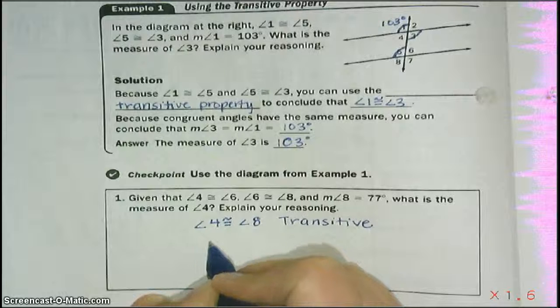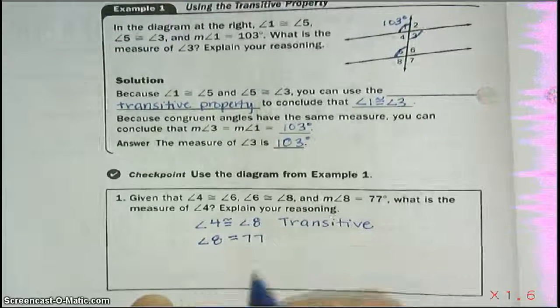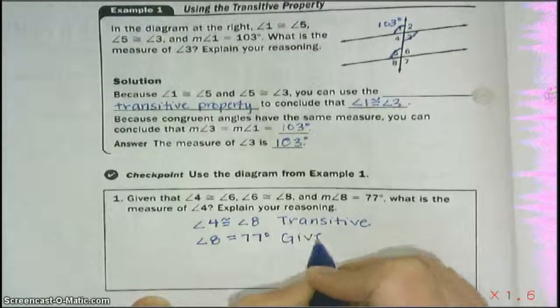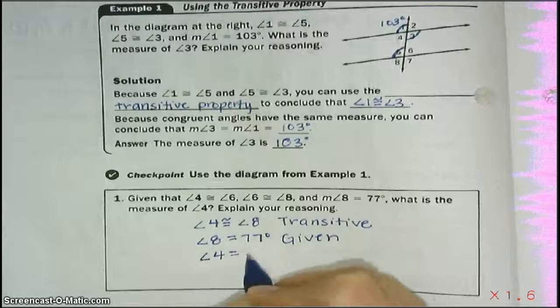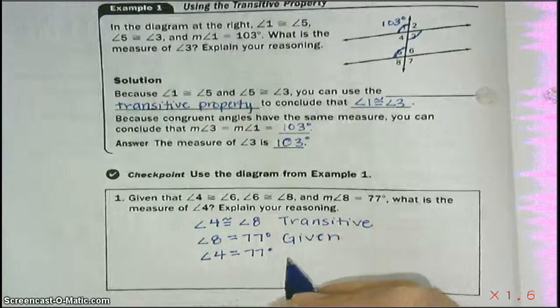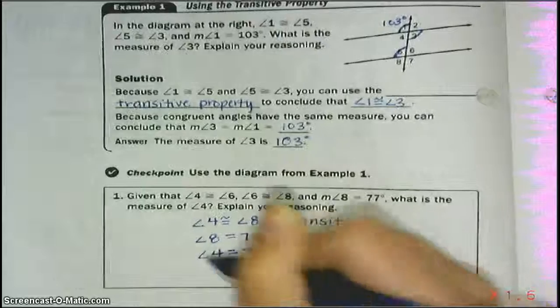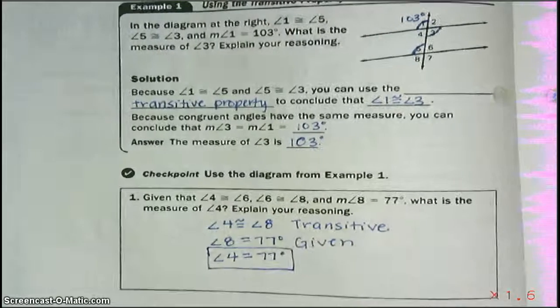And then angle 8 is equal to 77, which was given. Therefore, angle 4 is going to equal 77. This is kind of like the definition of congruency, but for these purposes, if you can explain through it, then I'm good with that.